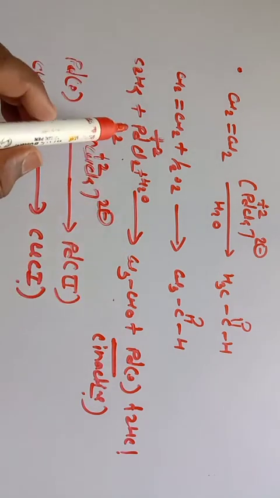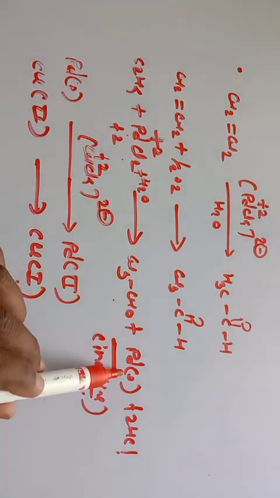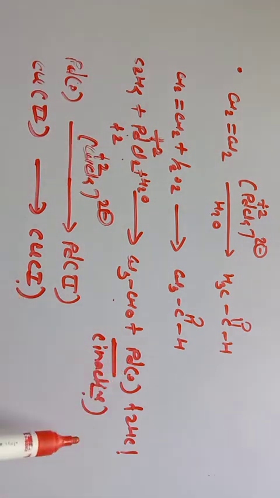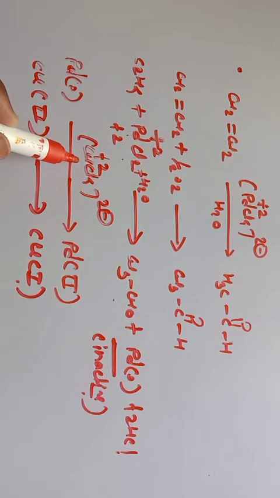At that time, this Pd gets reduced to Pd0 and it is the inactive form. So again you have to convert it into its active form. We require a second catalyst, that is CuCl4 2-, a copper catalyst in which copper is in plus 2 oxidation state. With the help of this catalyst, we convert this palladium 0 into palladium 2+.